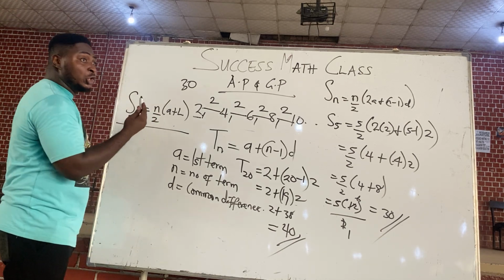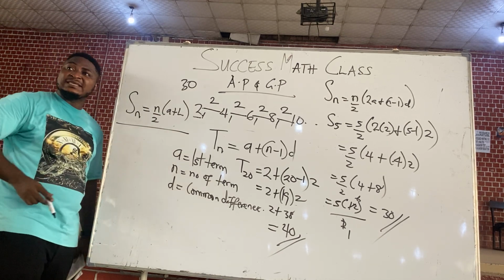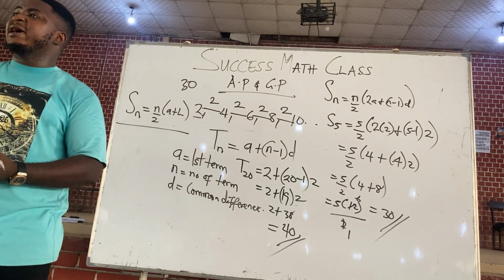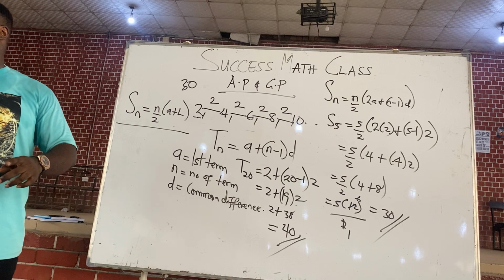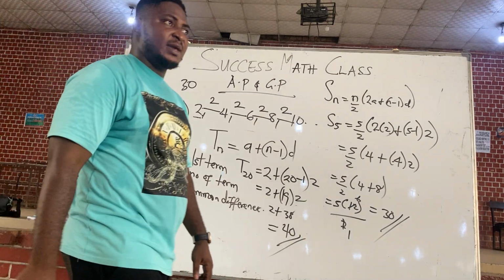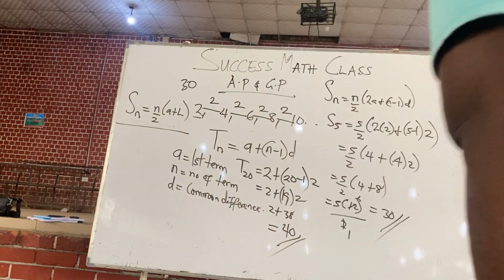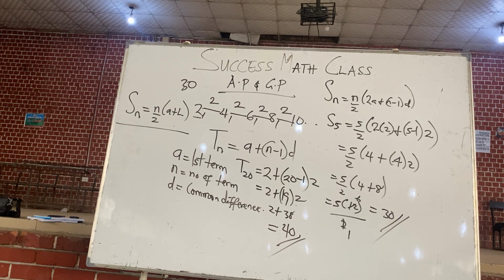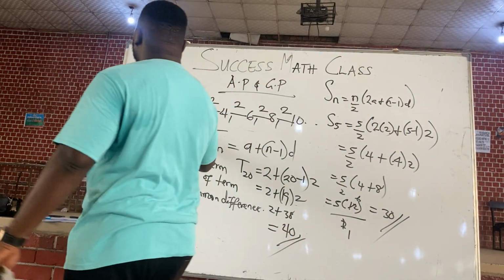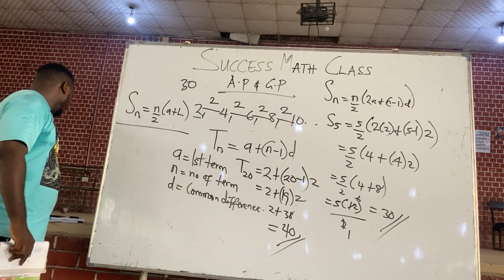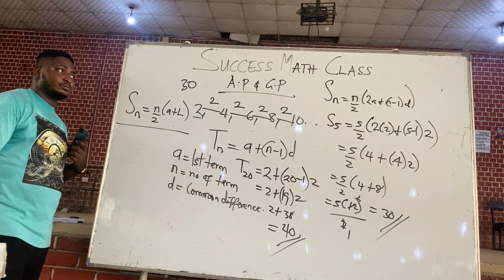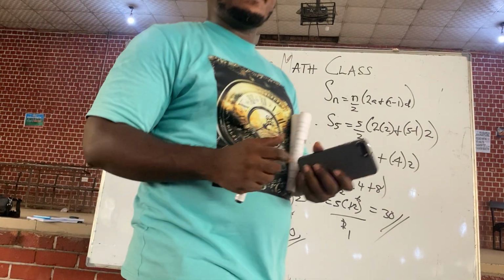A represents the first term, L represents the last term, N represents the number of terms. You use this formula when the common difference is not given, but you have the first term, the last term and the number of terms.